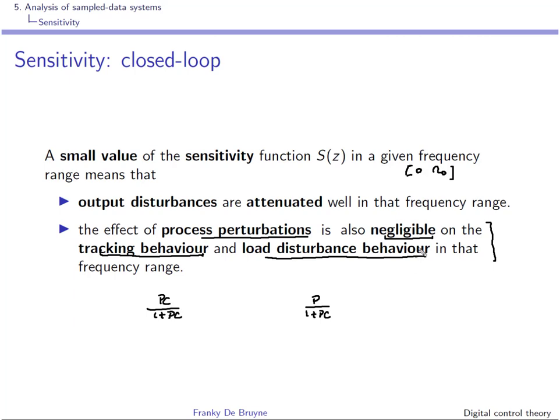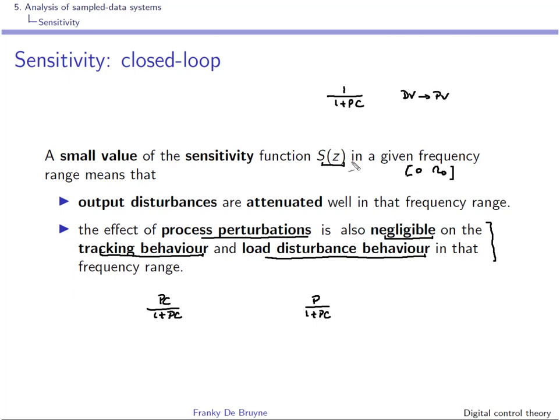Okay, and if you impose a small sensitivity in this frequency range, well, the effect of process variations on both tracking and load disturbance will be small in that frequency range. But you also know that the sensitivity function 1 over 1 plus PC is the transfer function from output disturbances dV to PV.